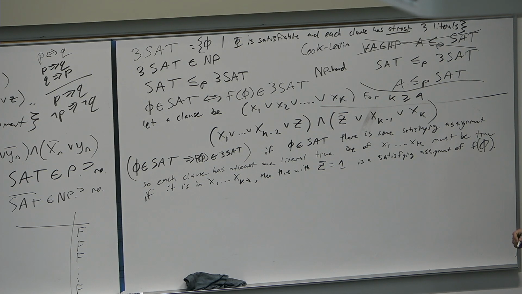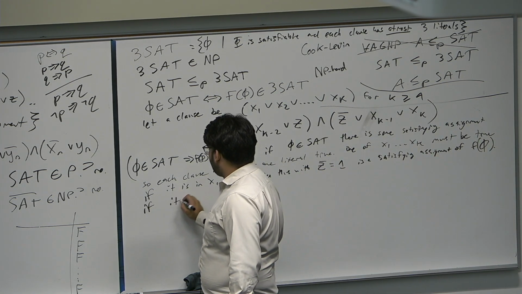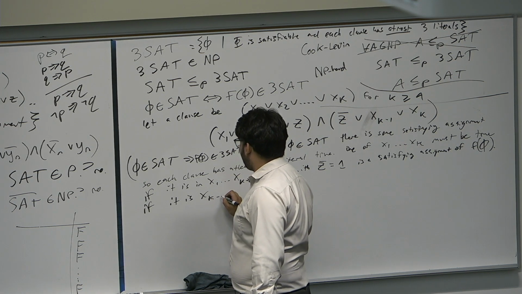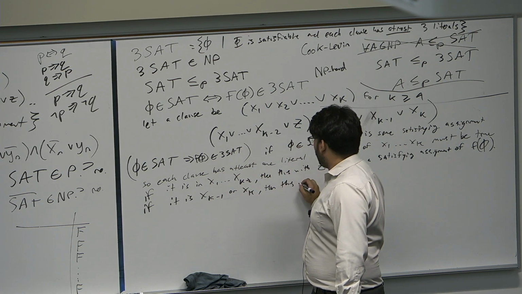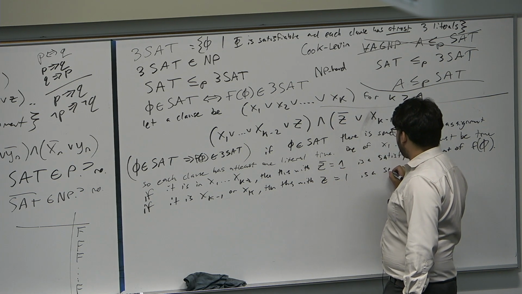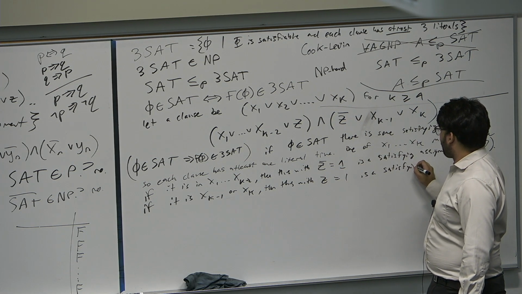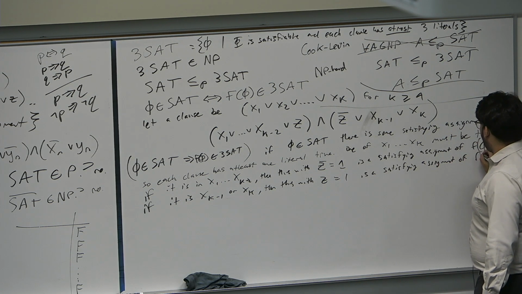But if it is xk minus 1 or xk, then this with z equals 1 is a satisfying assignment of f of phi.